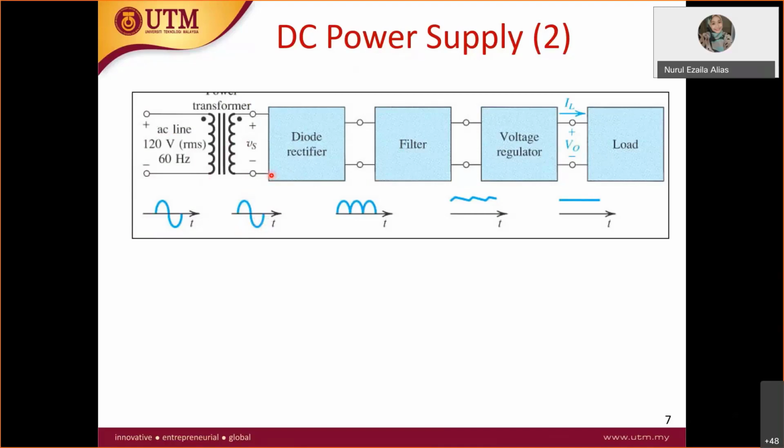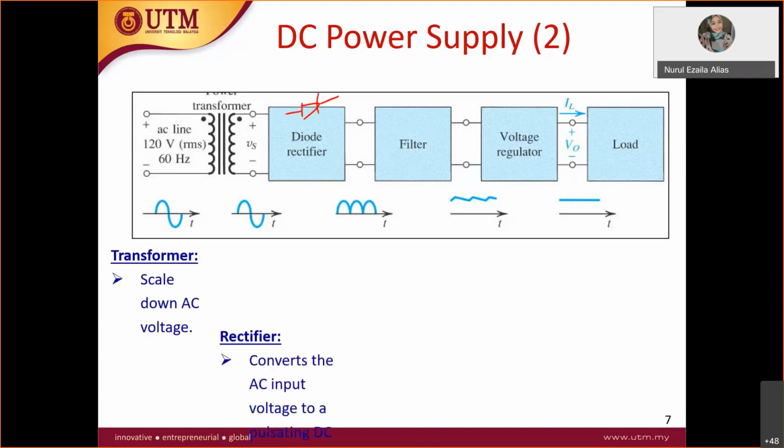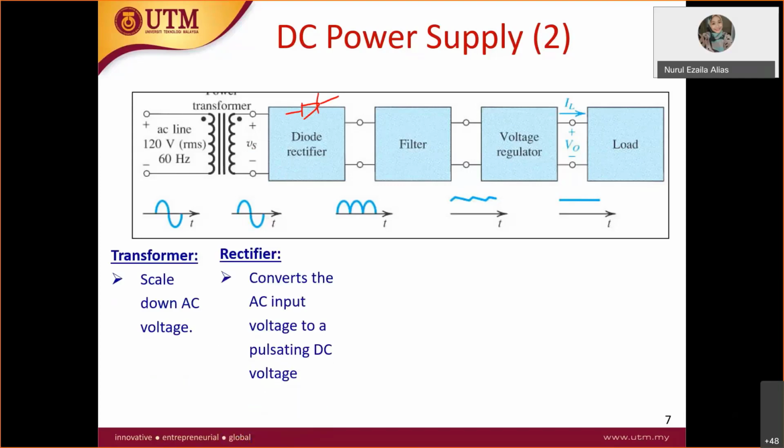And then you have a rectifier circuit. The rectifier circuit here involves diodes. This rectifier converts your input voltage to a pulsating DC voltage.